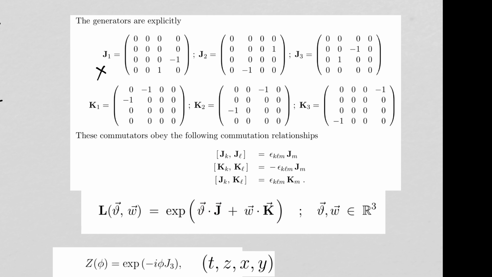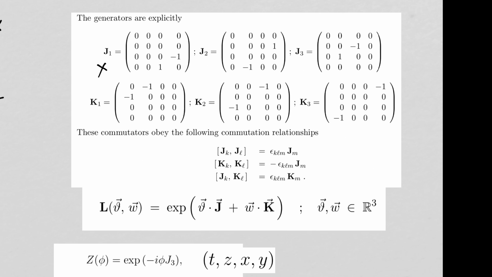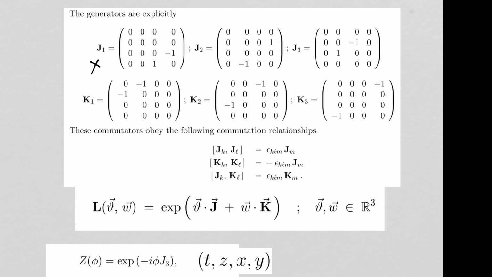First of all, they combine the boosts and the rotations into one exponential, which you're allowed to do, and they use the dot product notation, just like I mentioned a moment ago. And notice that there's no negative signs. So even if they didn't explicitly cite their infinitesimal form, like was done up here, you can figure out that it's going to be with the plus sign.